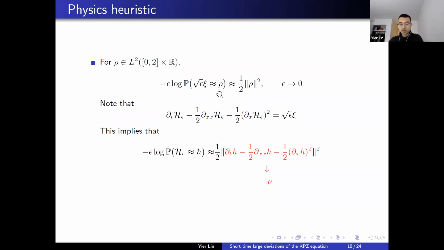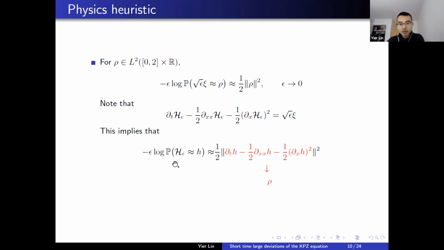You consider a certain topology because this space-time white noise is a random distribution. The probability of this will decay exponentially with speed 1 over epsilon, and the rate function is given by 1/2 times the square of the L2 norm of your rho. Okay, this is basically the large deviation for space-time white noise.